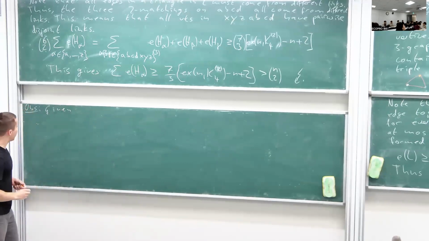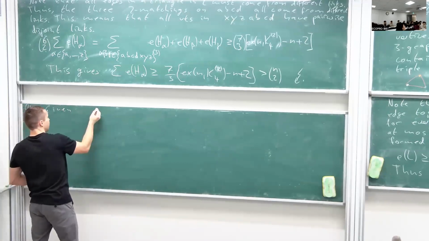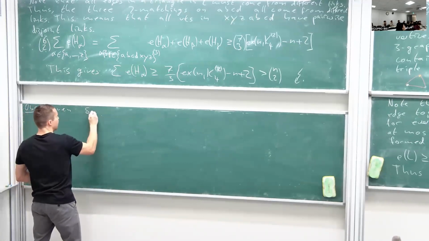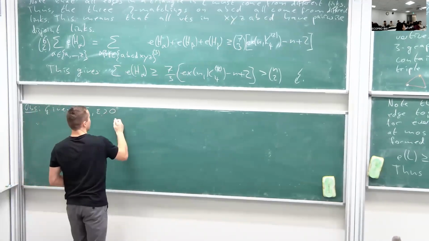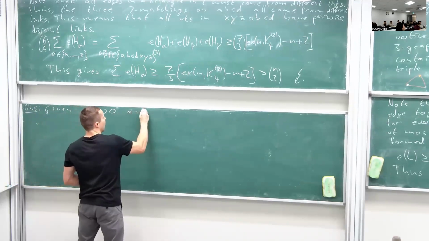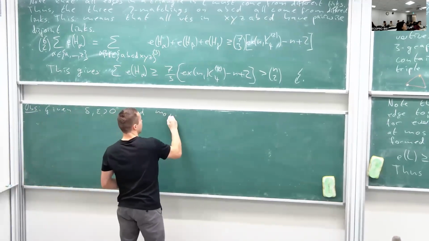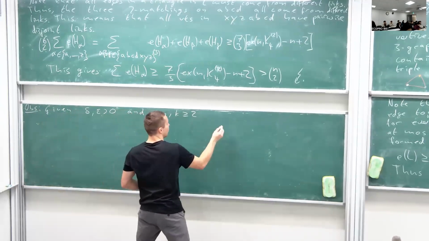For the minimum degree: given delta and epsilon larger than 0 and some m0, k equal to 2.